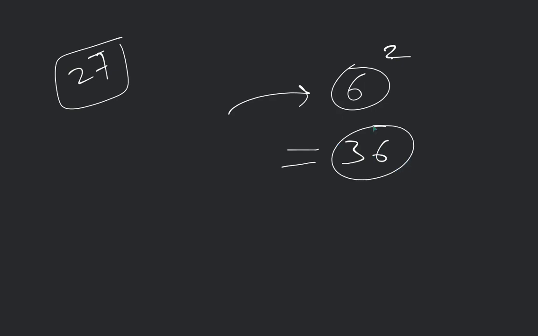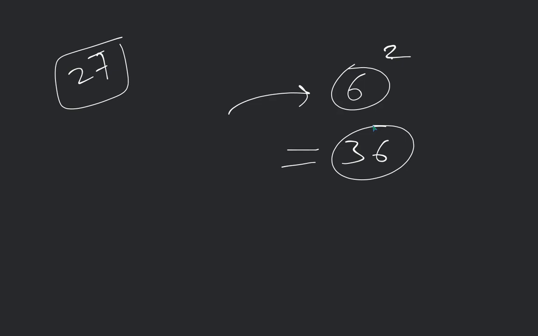What will be the total outcomes? We know that in one single dice there will be 6, and if there are two dice, there will be 6 squared, so the total number of outcomes is 36.